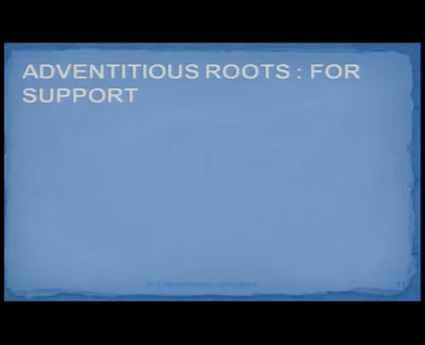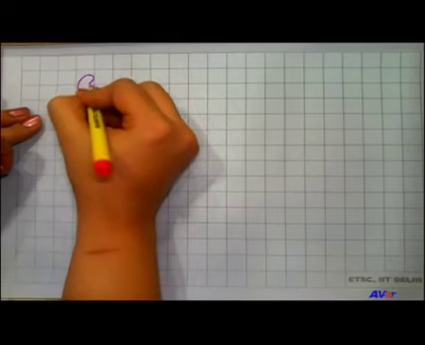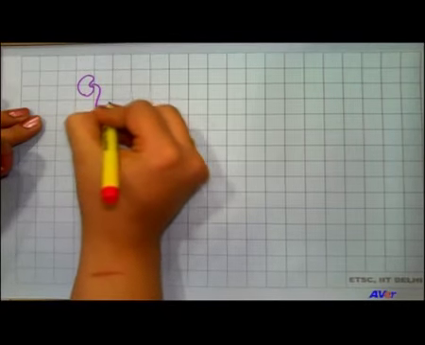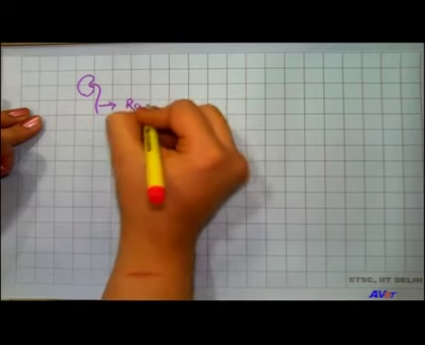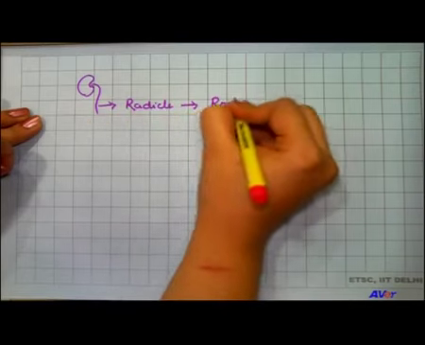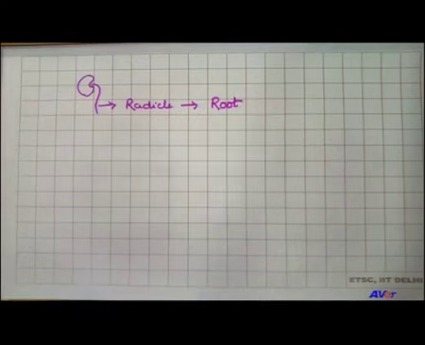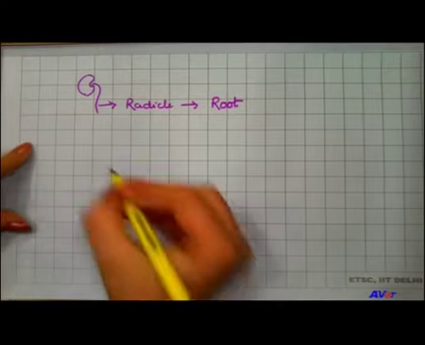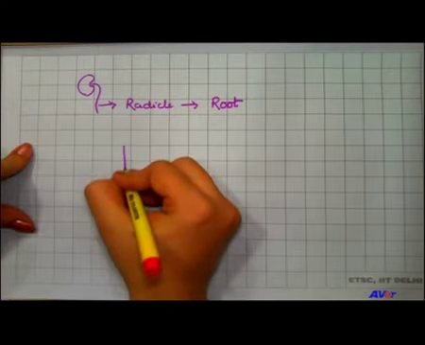What are adventitious roots? In the very first slide, I said that most of the roots arise from the radicle of the plant embryo. This is the radicle and it gives rise to the root. But in some cases, the roots also arise from parts other than radicle, like they may arise from the base of the stem.